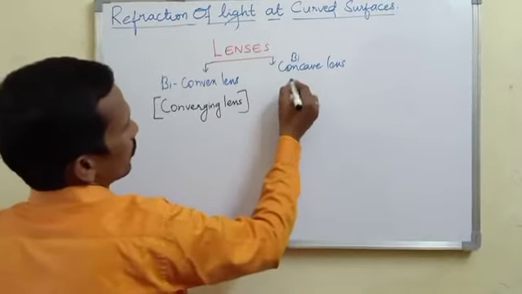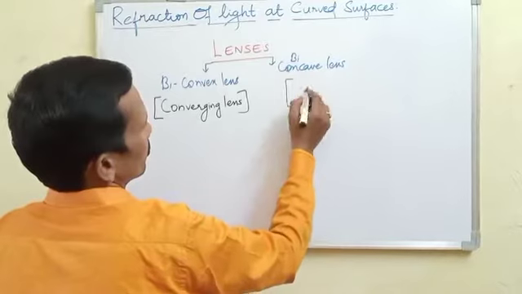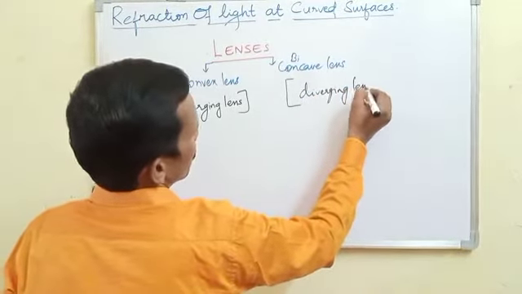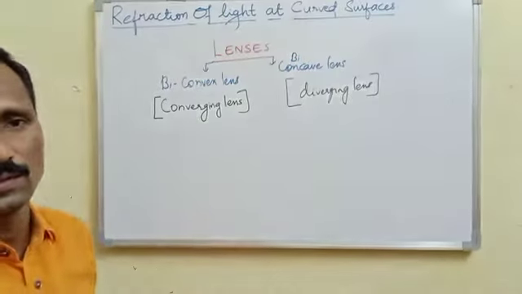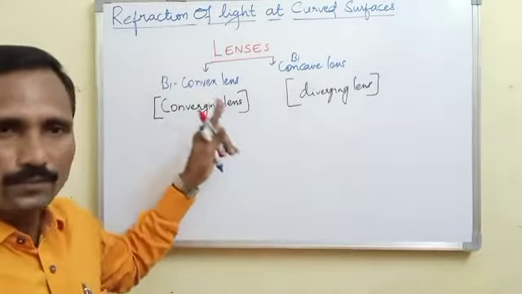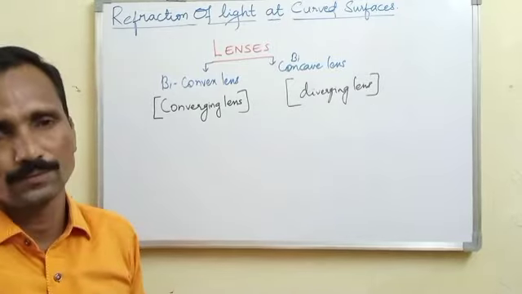And this biconcave lens is also called a diverging lens. We know about converging of light rays and diverging of light rays. So lenses are two types: biconvex or converging lens, biconcave or diverging lens.